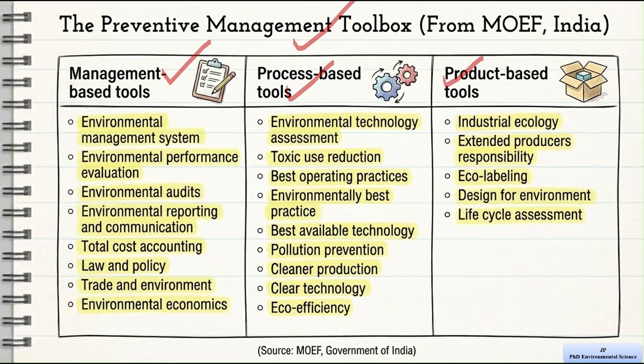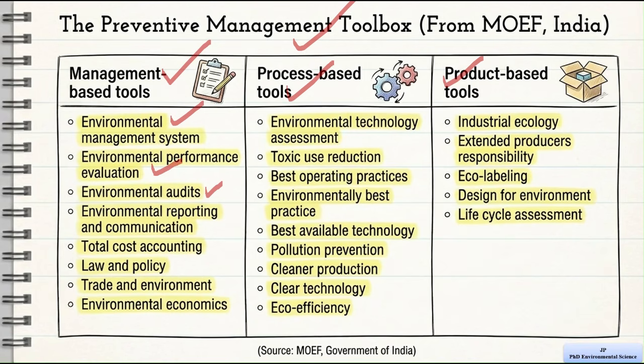So first, management-based tools. So these tools help organizations manage environmental performance. Environmental management system, a structured system to manage environmental responsibilities. Environmental performance evaluation, it measures how well an organization is doing environmentally.